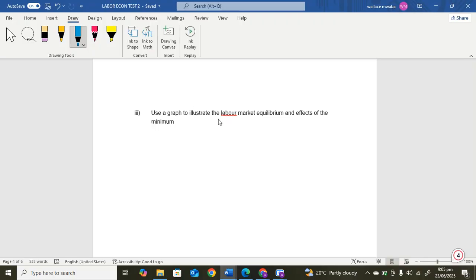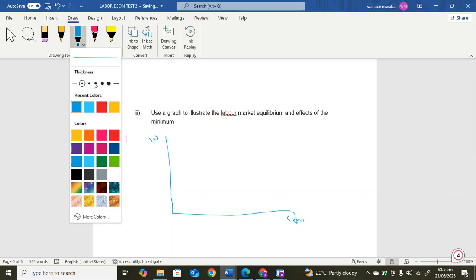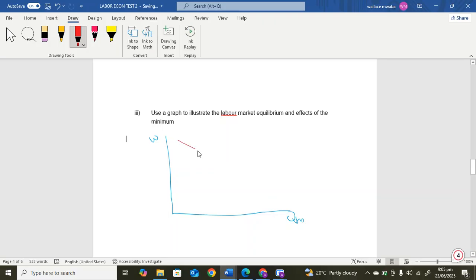Use a graph to illustrate the market equilibrium and the effects of the minimum wage, basically. So our graph is like this. We have our wage rate on the y-axis, quantity of labor on the x-axis. As we said, labor demand has an inverse relationship with the wage rate: higher wages, less demand.